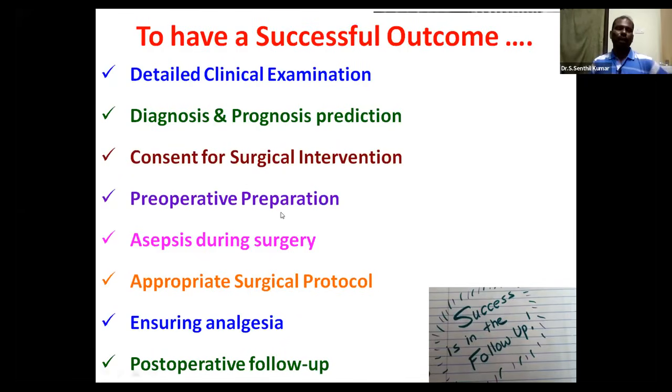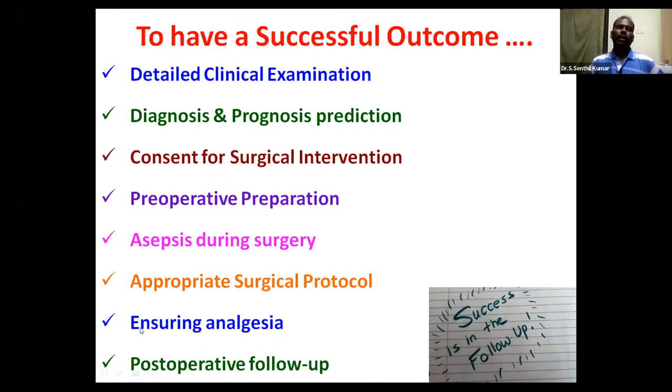And pre-operative preparation and stabilization of the patient, especially fluid correction and acid-base correction. Asepsis: simple aseptic precautions will definitely improve the successful outcome. And appropriate surgical protocol: you have to select the appropriate surgical protocol as per the demand, as per the need.